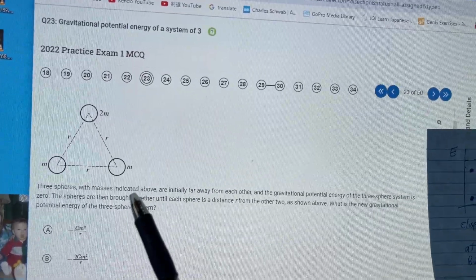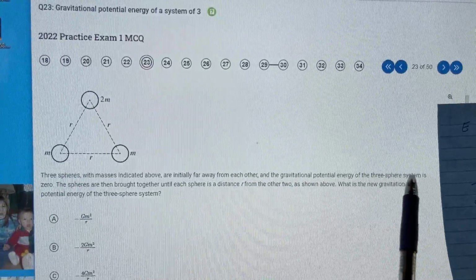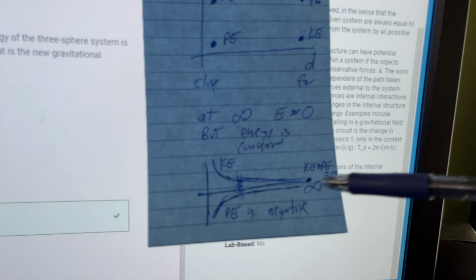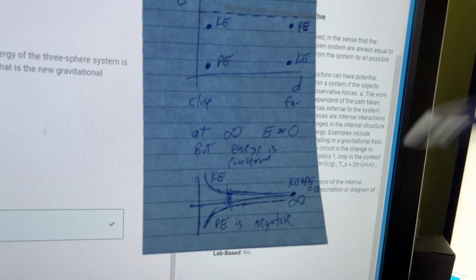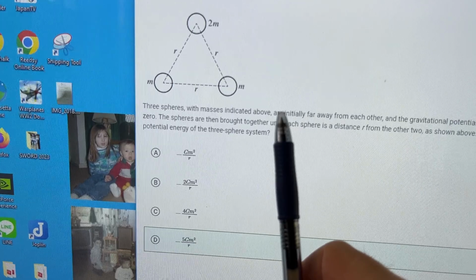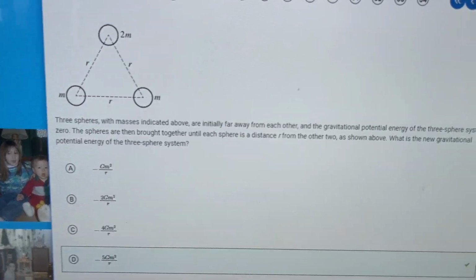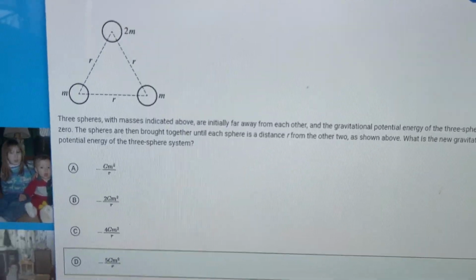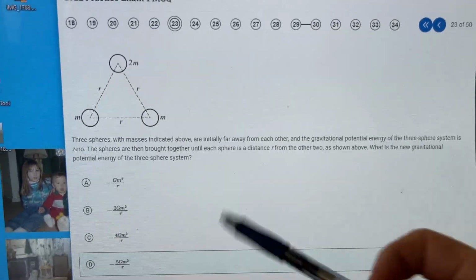The gravitational potential energy of this three-sphere system is zero. So that's this condition. They're far enough away that it starts out at zero. Because it starts out at zero and the spheres are then brought together, that's why we're getting the negative sign. It doesn't really sit well with me, but yeah, that's kind of how we explain it.